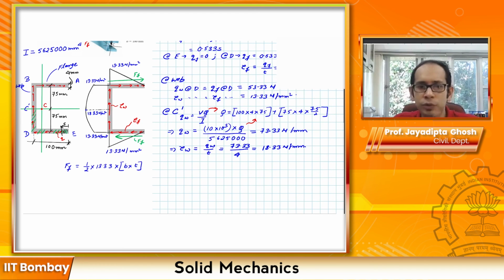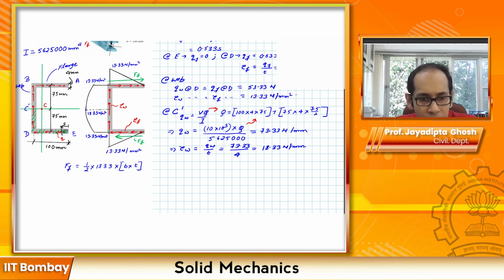Now you have to try and understand this. Suppose this tau was a constant stress, not a linearly varying stress. How would you calculate the total force? How do we get the force from the stress? It is the stress multiplied by the area, right? So here the area is this width b, which is 100 mm, times this thickness t, which is 4 mm.